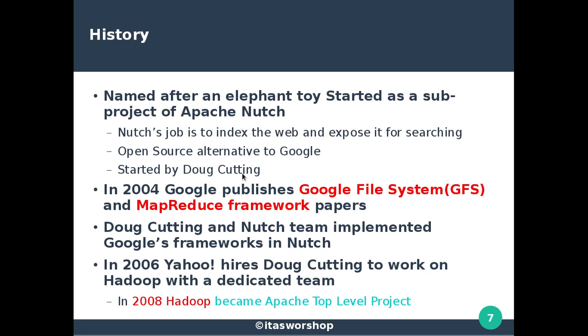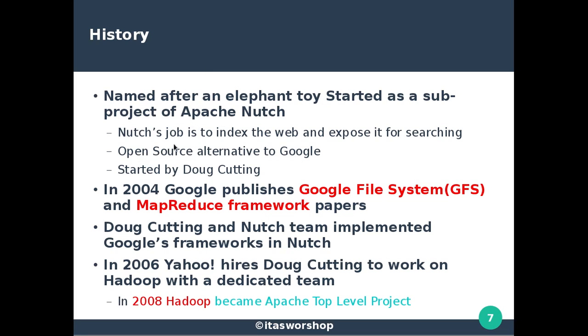Doug Cutting's son had a fun stuffed toy and he named it Hadoop. It's not an acronym for anything, just a term which doesn't represent anything. It was easy to pronounce, so he took this name and put the name Hadoop on this technology.